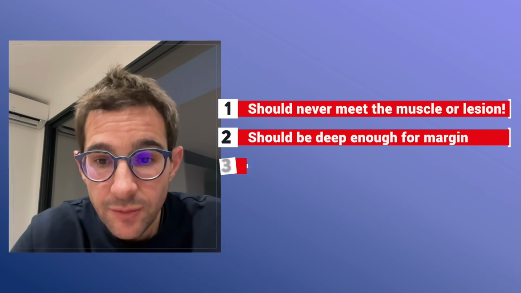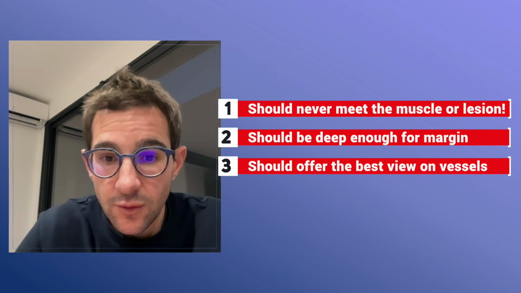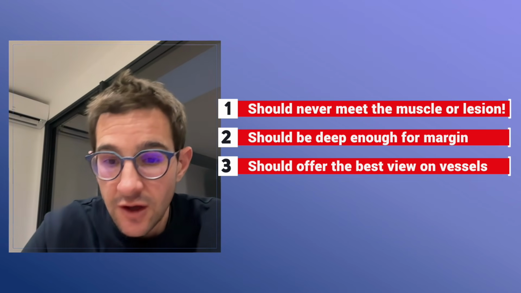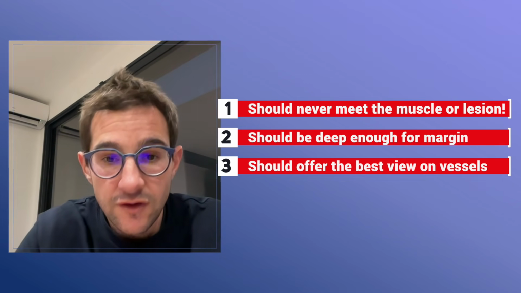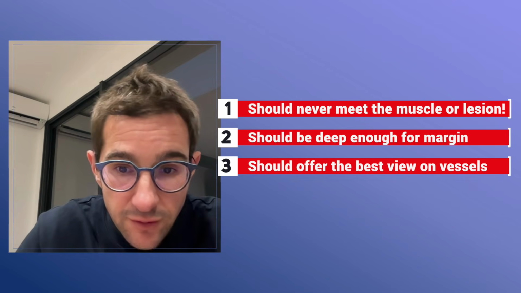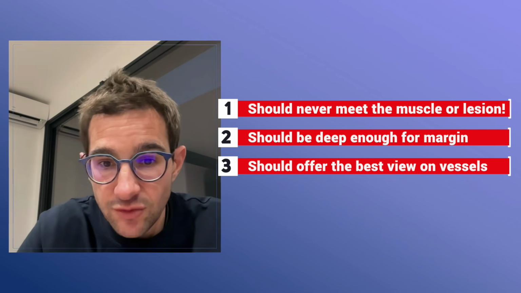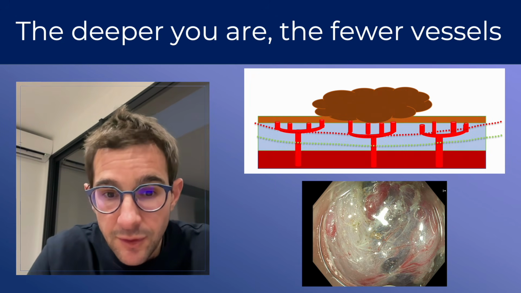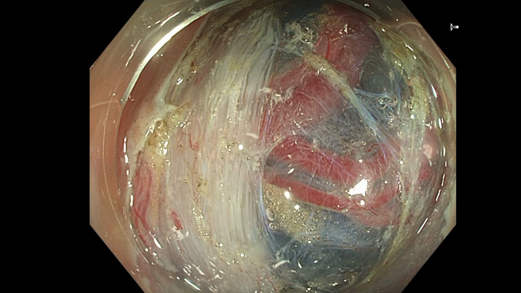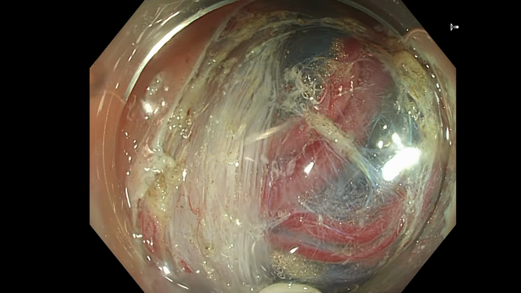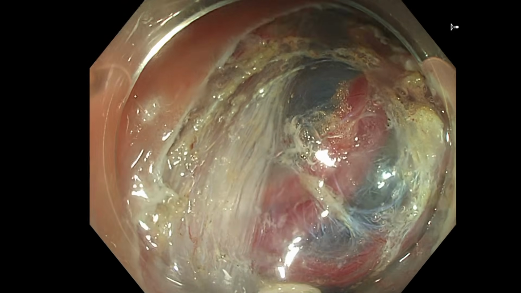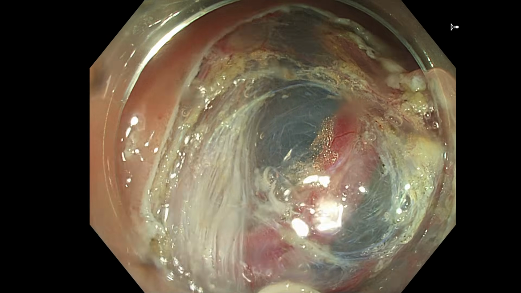Next, it should offer the best view on the vessels, and we have discussed a lot of this point during the episode about preparing vessels to avoid bleeding and bleeding management. But it is important to know that you will have fewer vessels but bigger if you stay close to the muscle.